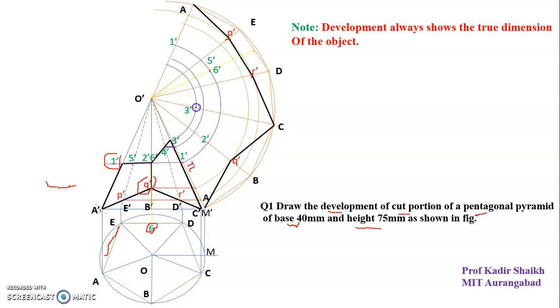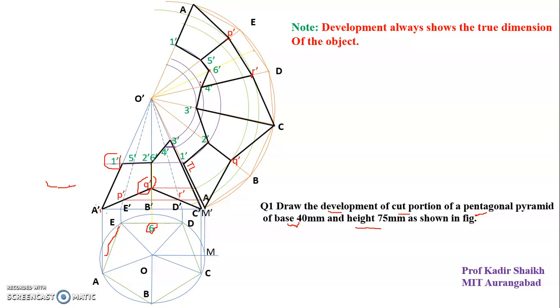So here will be the cutting point number 3, and cutting point number 4 is on DO, so you have projected it, it should be on DO here. Okay, now join all these cutting points by a straight line. Show the inner slant heights by a thick line. So friends, this is the development of the cut portion of one pentagonal pyramid.